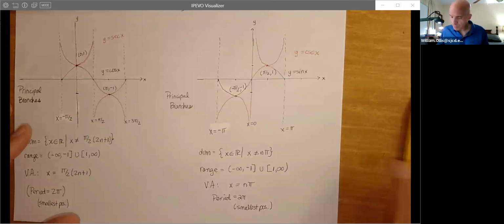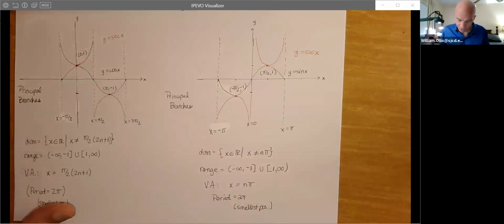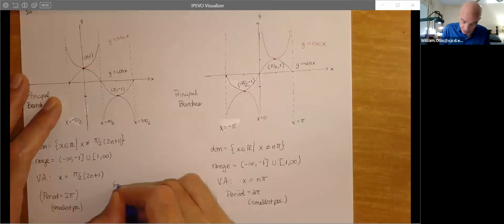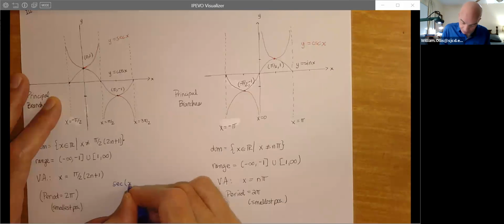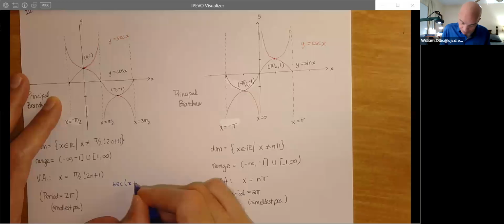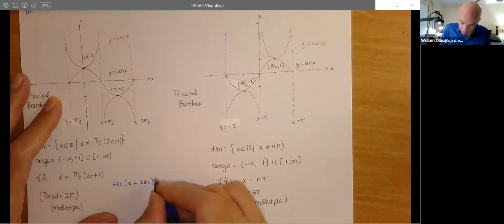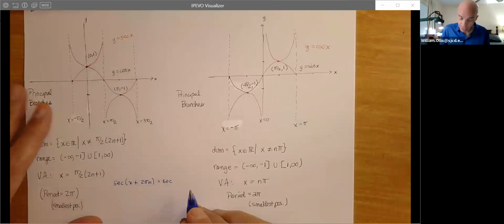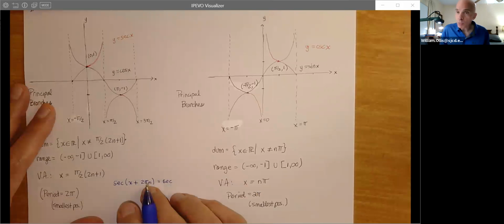And just to be very clear here, this is what we've been saying all along. Secant of x plus 2 pi times n will always be secant. Any multiple of 2 pi that you add, just like for cosine. So if n is equal to 1, we get 2 pi.